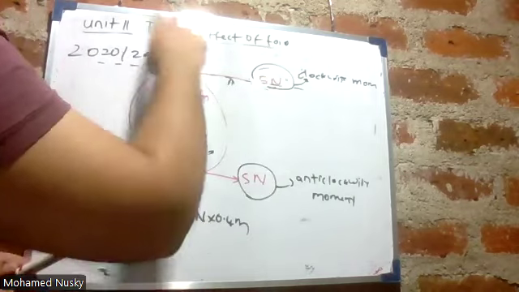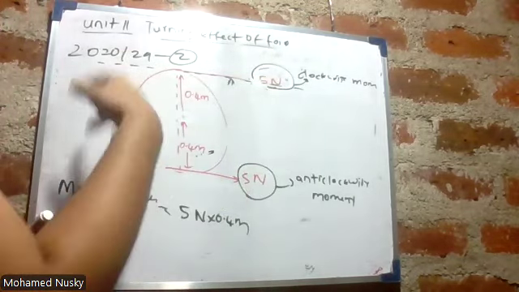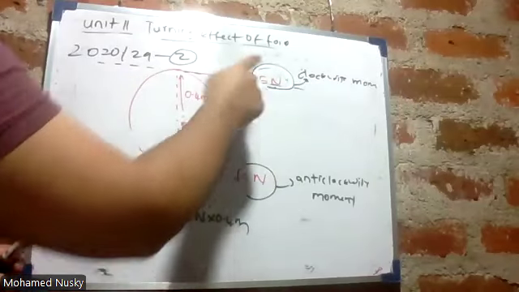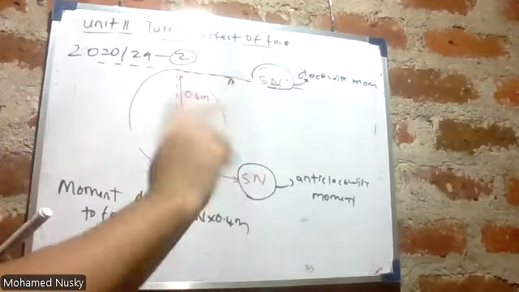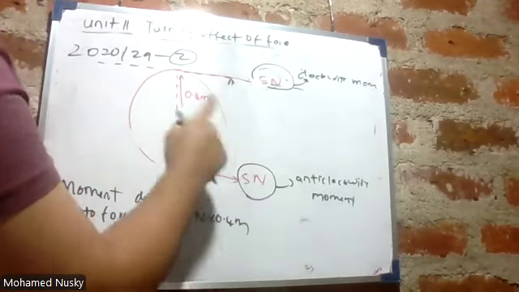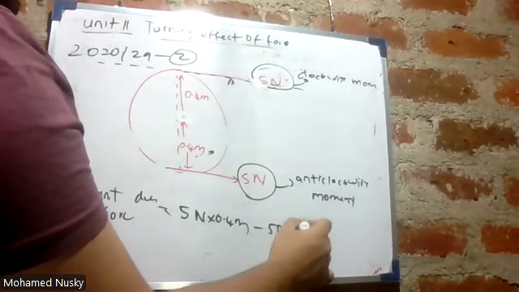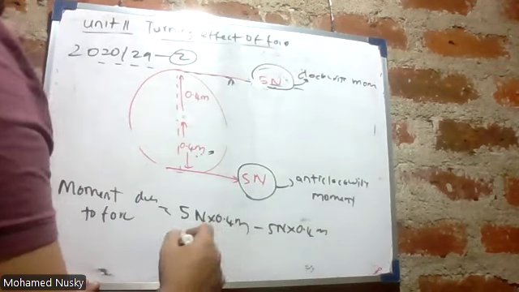If the same clockwise moment is created, you can add them. If same anti-clockwise moment, you can add them. If clockwise and anti-clockwise are acting on the body, you should subtract them. Minus 5 Newton into 0.4 meter.